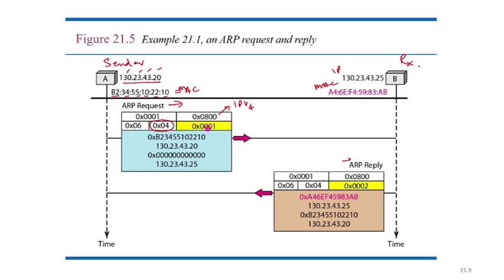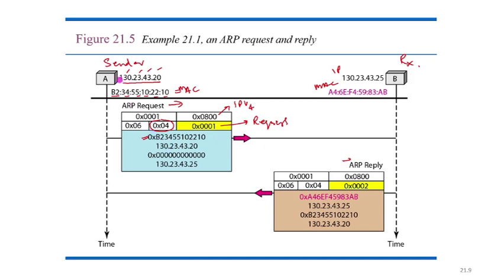Next one is 0001. This 1 indicates it is a request type, an ARP request. This will be the MAC address or the physical address of the source or the sender, B2334, which is 6 bytes.